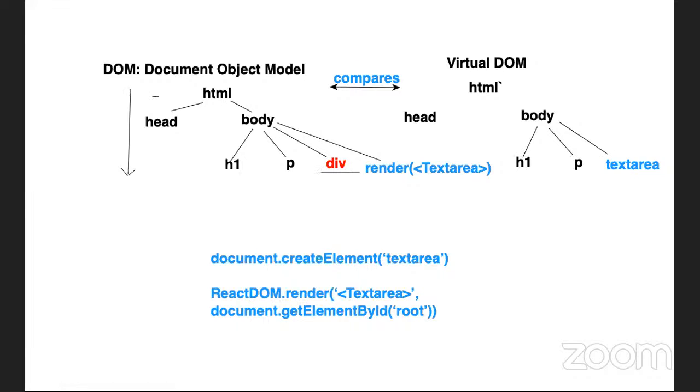Diksha, if you are interested in finding out the algorithm, which is a much more detailed version of it, it's called reconciliation algorithm. I'm going to type it out in the chat. So what does reconciliation mean?